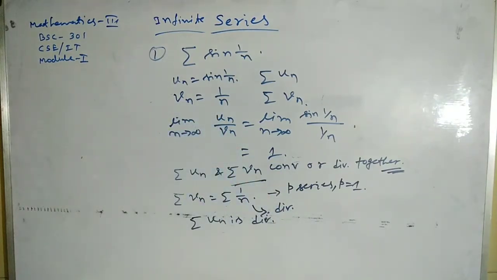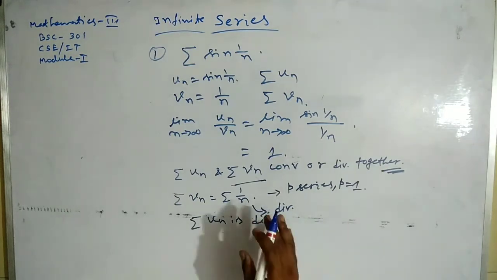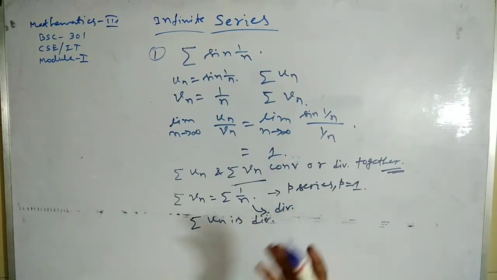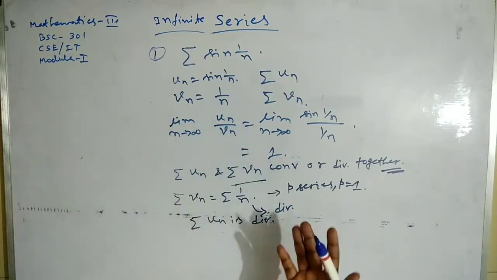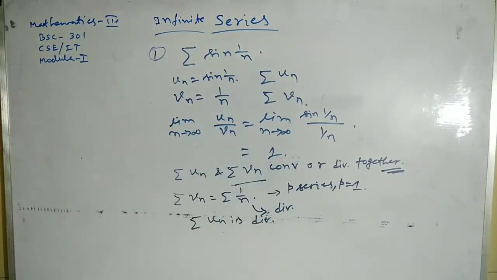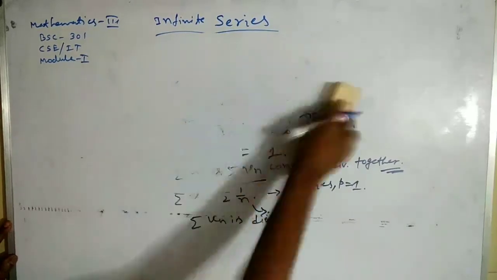If you know the convergence of vn, then using that and the comparison test you can tell about the convergence of un. Next test I will tell you is Cauchy's root test.